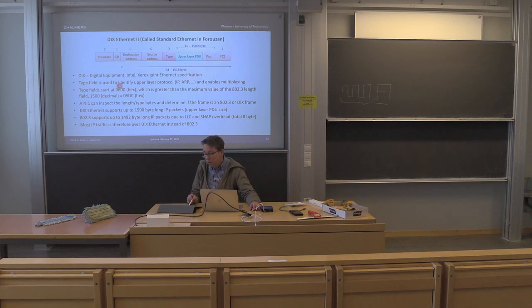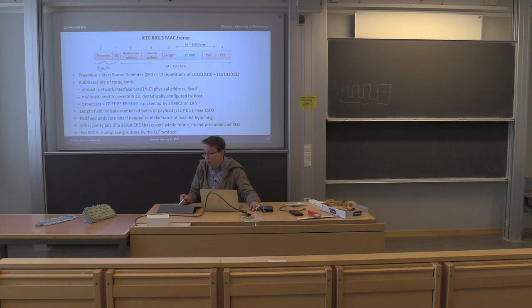The type field is used to identify the upper layer, and the upper layer could be IP or ARP or something like this. So this is the multiplexing tag. Above the DIX Ethernet we can have many different upper layers, while for IEEE Ethernet we only have LLC.